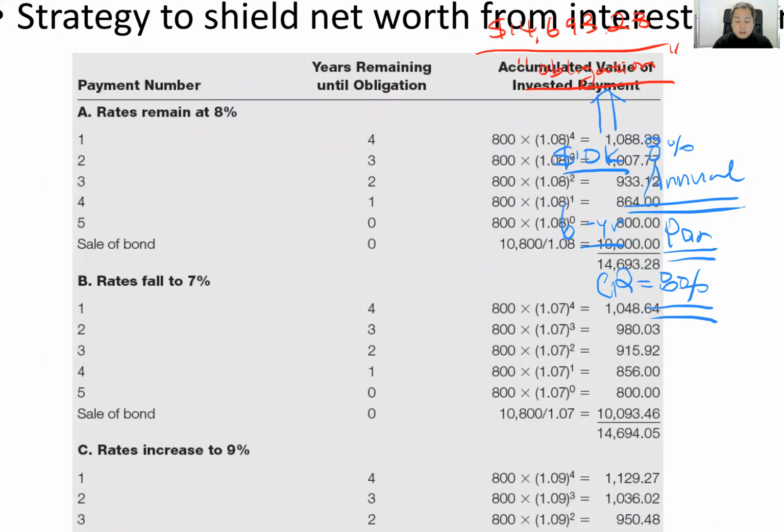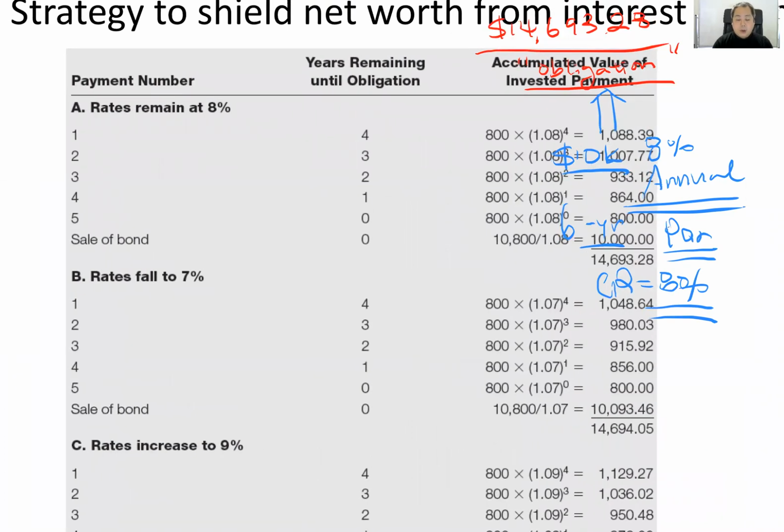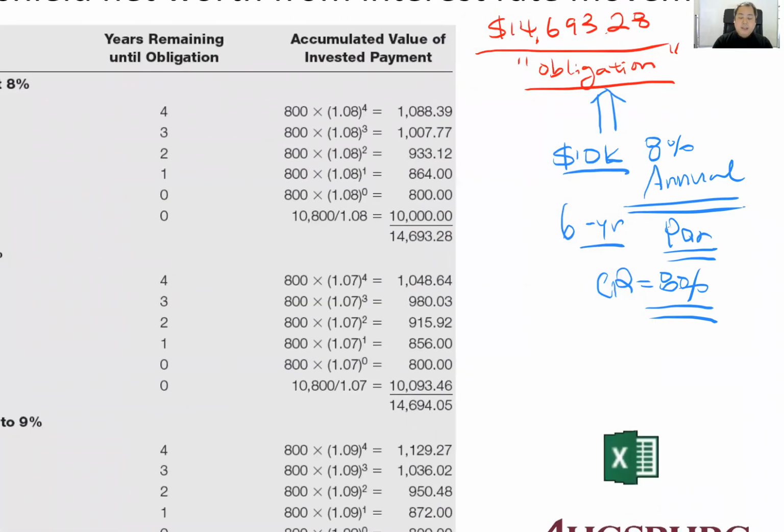So this is the cash flow in 5 years. The rate remains at 8%. Each year, $800 in cash flow is generated, because $800 is the annual coupon. This $800 will be reinvested at the same YTM, 8%.